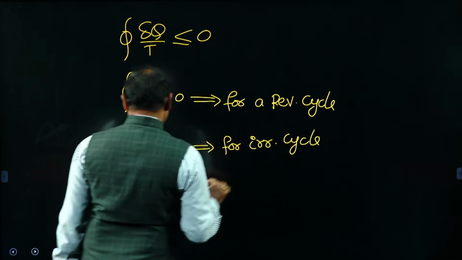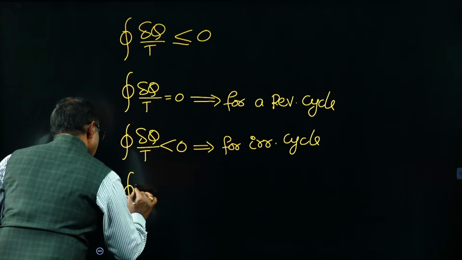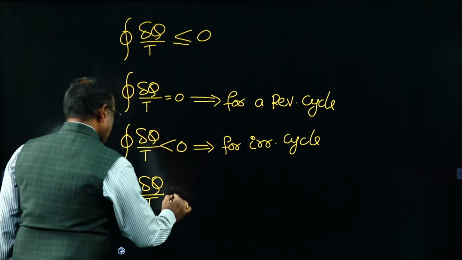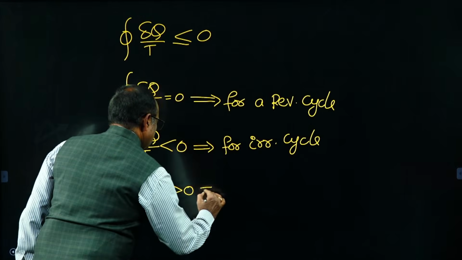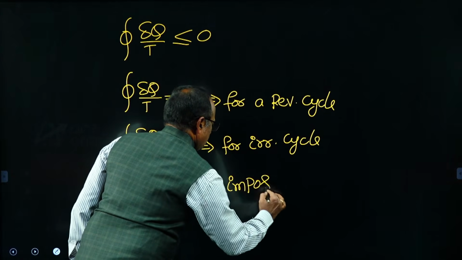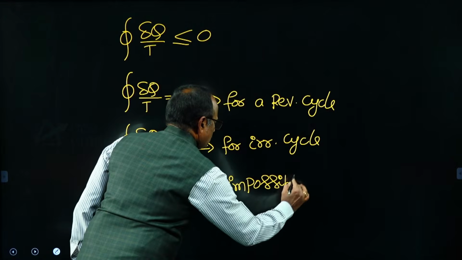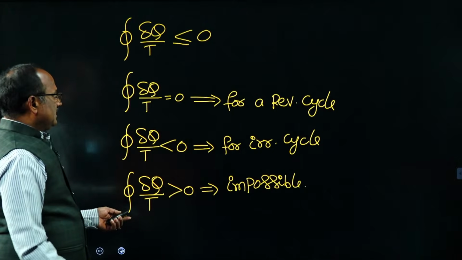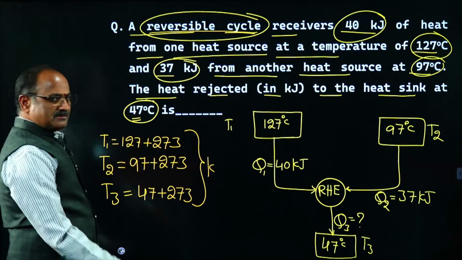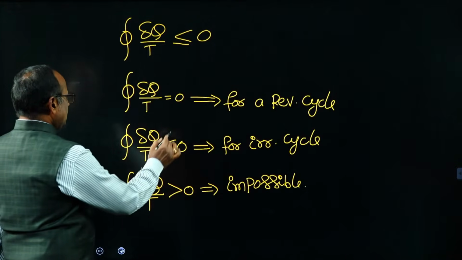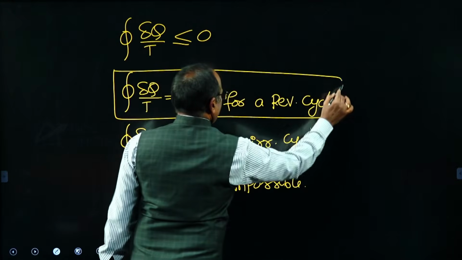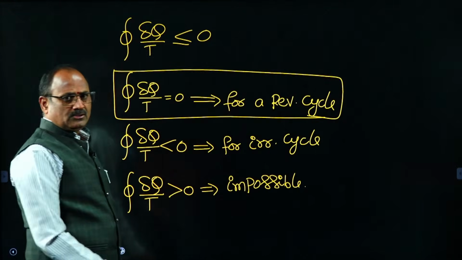One more condition: cyclic integral of del q by T greater than 0 is impossible. But it is clearly given that the heat engine is working on a reversible cycle. For a reversible cycle, this is the condition. By using this condition, you can decide the amount of heat rejected to the sink.